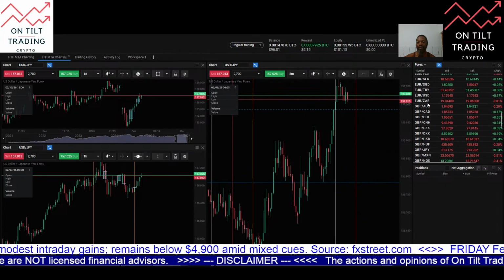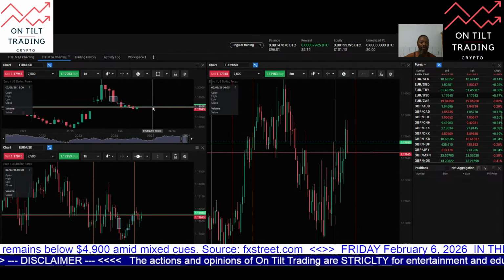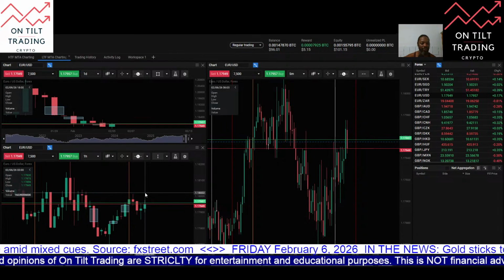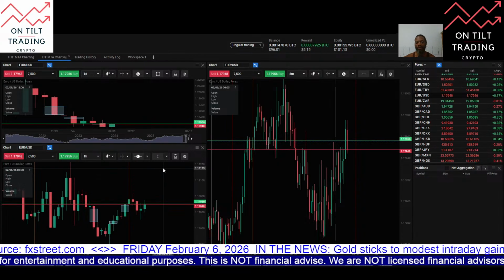Back over to euro dollar, which currently seems to be the only price action here that may deliver to the sell side.